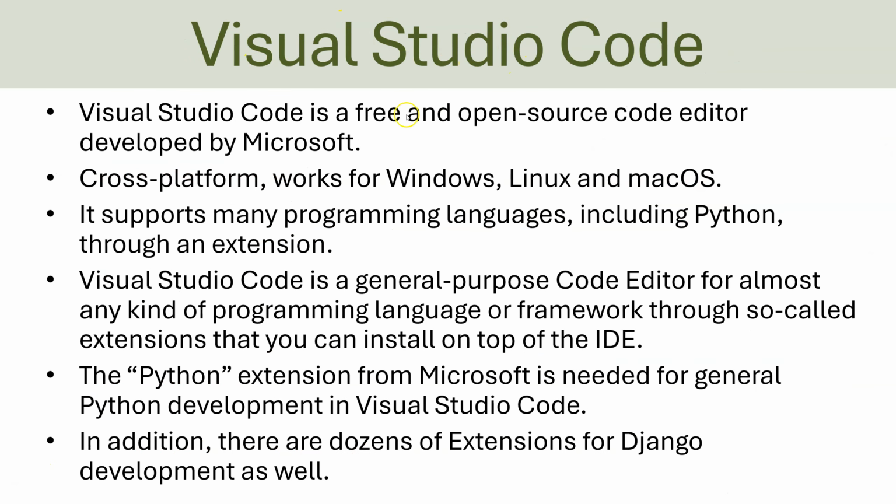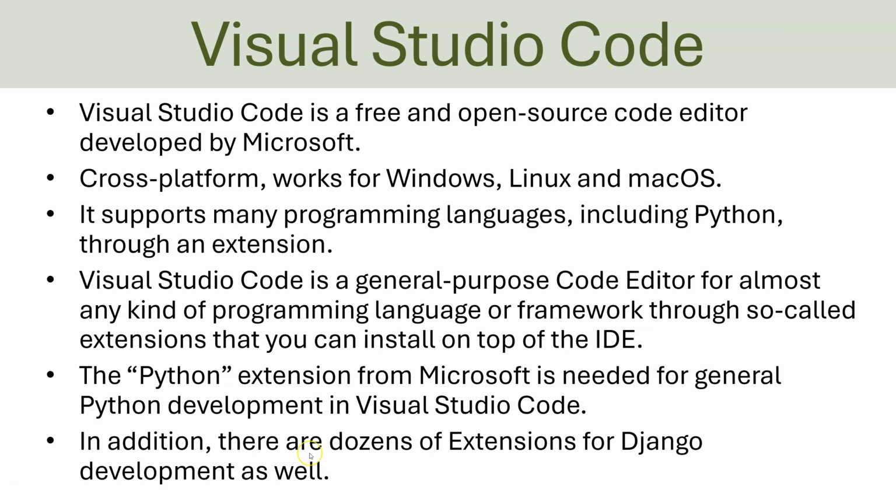So Visual Studio Code, it's a free and open source code editor developed by Microsoft. It's cross-platform, so it works on Windows, Linux, and Mac OS, and it supports many programming languages like Python, etc. And also there's a Python extension from Microsoft that you should install in order to get support for the Python programming language in this Visual Studio Code editor.